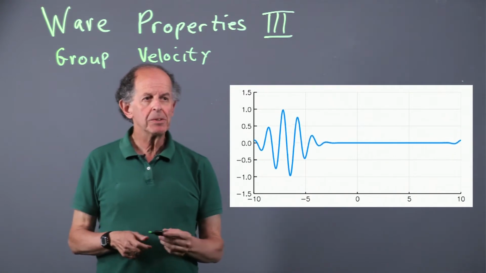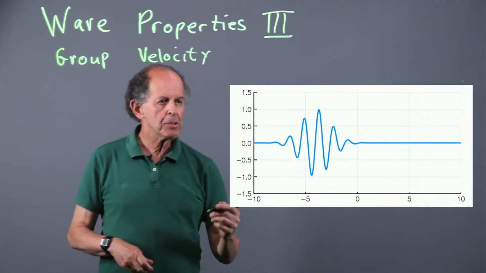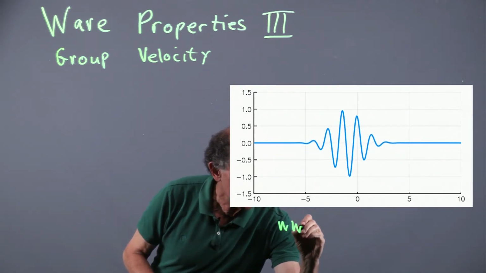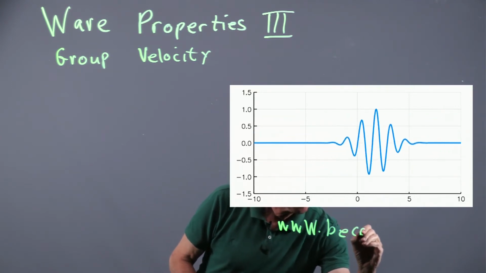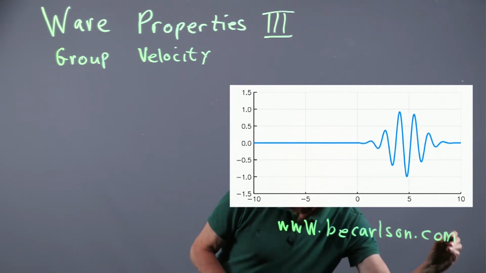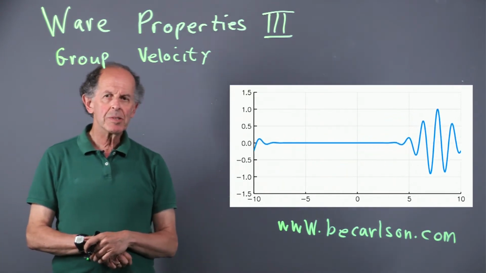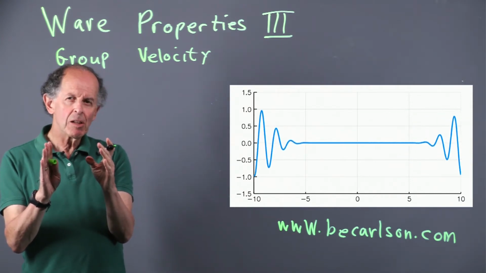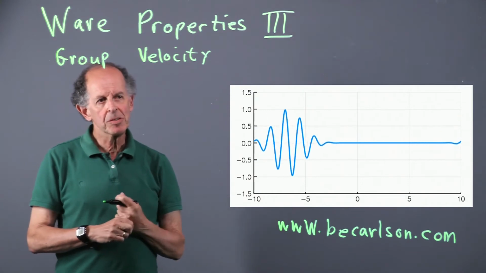Here's an example. You can see it's taken out of Wikipedia, and the person who did the video is under www.bcarlson.com. What you see is a little packet of waves, and the wave packet is moving a lot slower than the actual jiggly wiggly waves inside the packet.